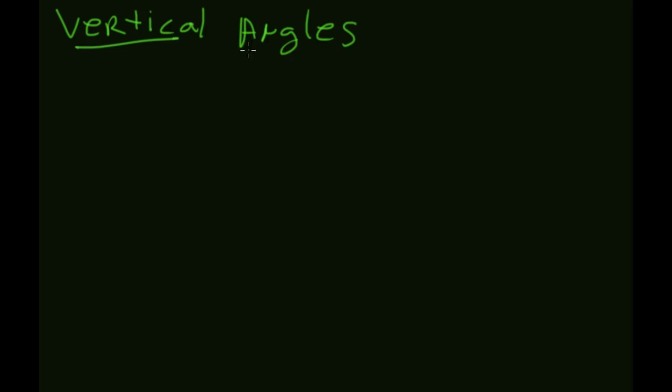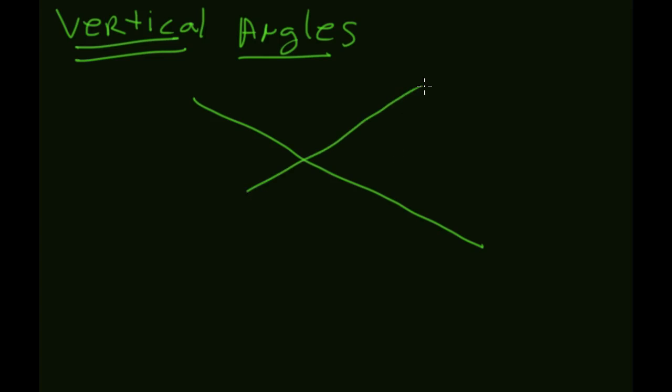Okay, vertical angles. The vertical here is actually a reference to the vertex. So vertical angles actually means across the vertex. It does not mean anything going up and down. It's just across the vertex. Vertical angles are formed when you cross two lines.